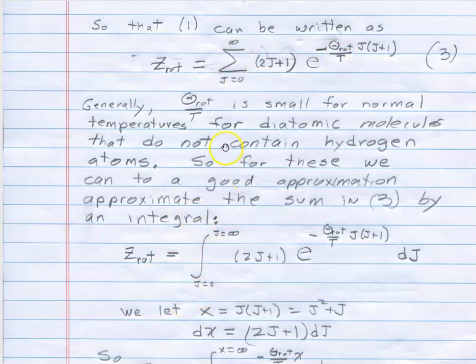So to a good approximation, this exact value is approximated by this under these conditions of more or less normal temperature ranges, really even up to well beyond room temperature. And we get this, but now we have to integrate over dj.